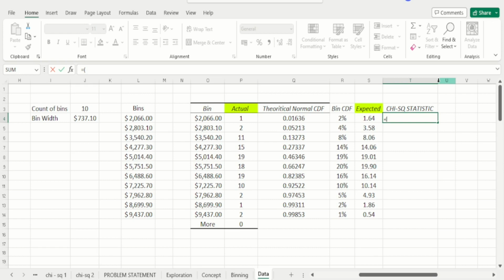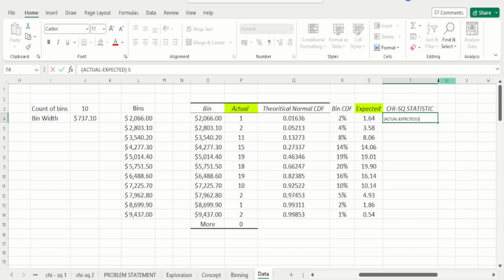So the formula will be: the actual minus the expected, squared.